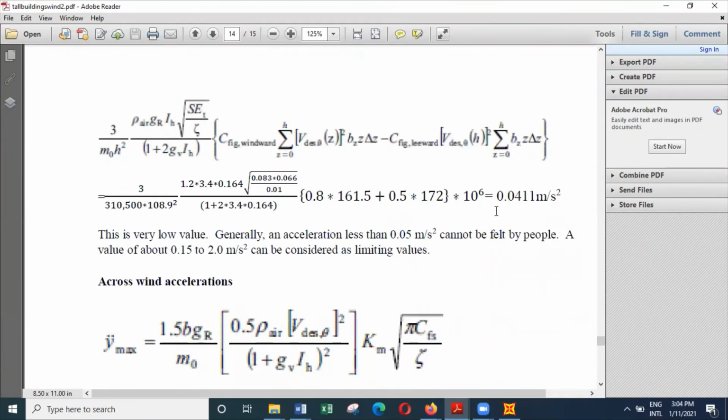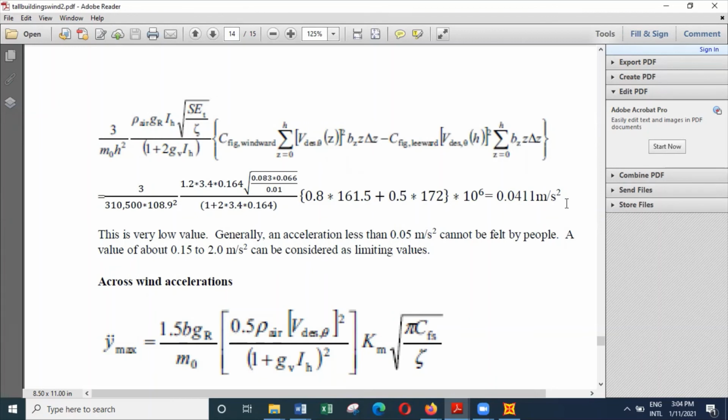And finally, it gives a value like 0.0411 meters per second squared. So this way, there's a small error, but let's assume that we can correct it. You can see the acceleration is given as 0.0411 meters per second squared.